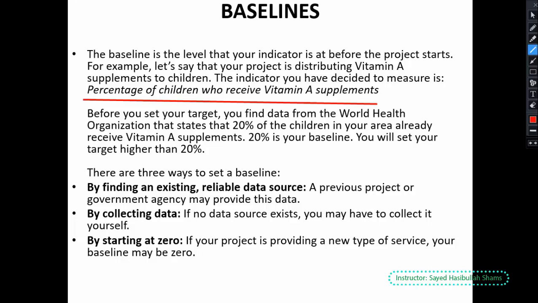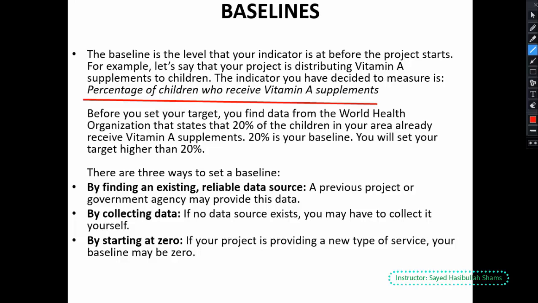Since the WHO distributed vitamin supplements to 20% in that area, we cannot set our target at 20%. We will set a target of more than 20%. We can set 30 or 40 or 50 or anything that fits our budget and resources. So the target will be higher than 20%.